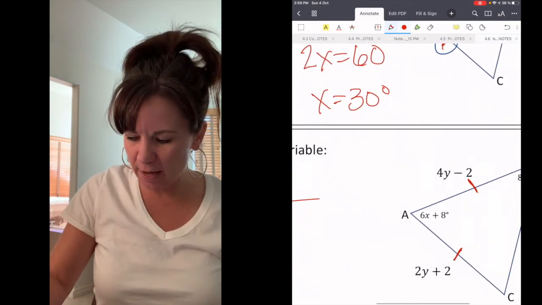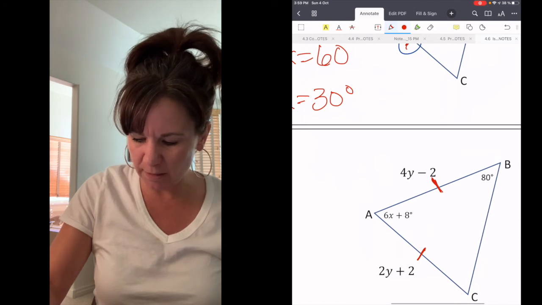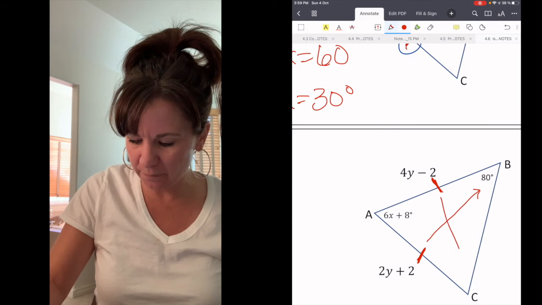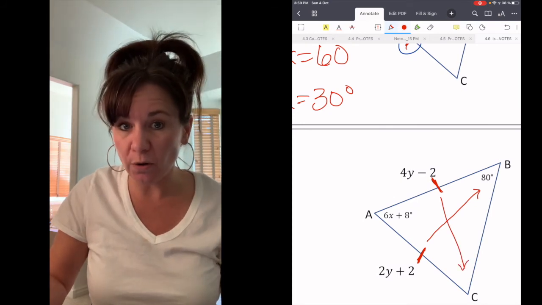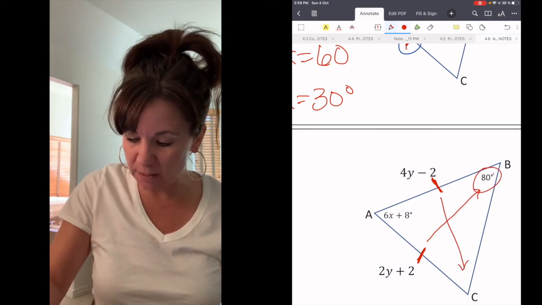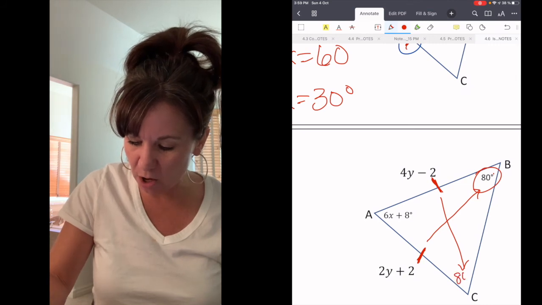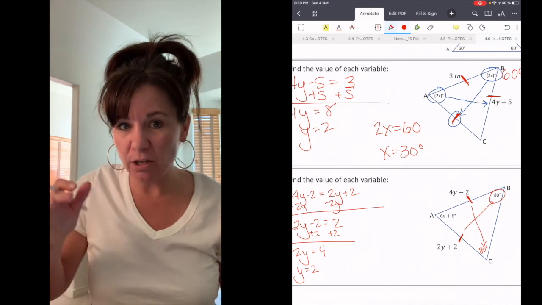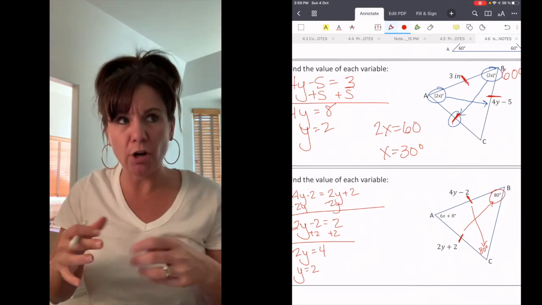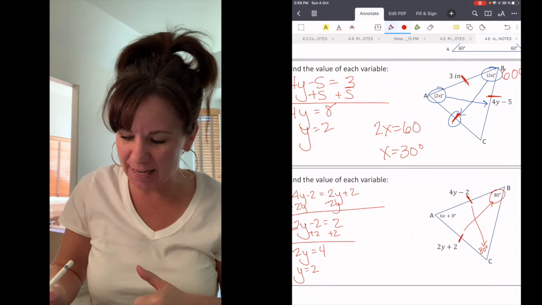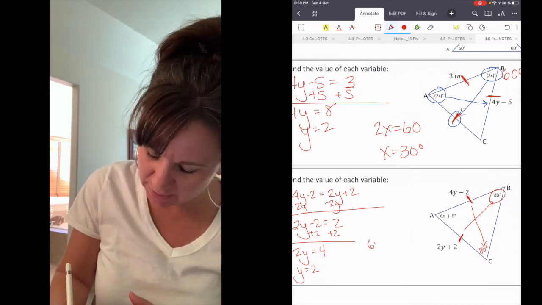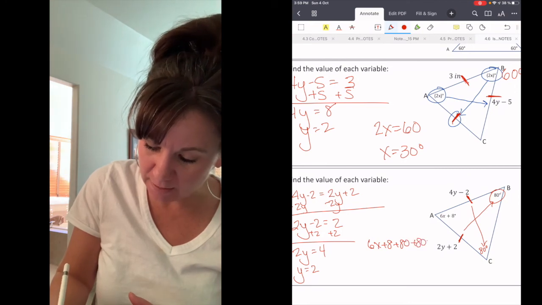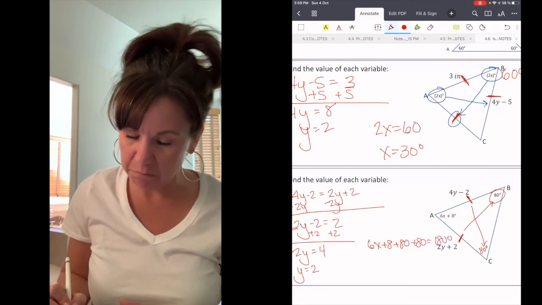Now, if these two segments are congruent, that means that the angles across from them are also congruent, which means that if this one's 80, this one is also 80 degrees. I can use that all the angles in the triangle equal 180. So I know that 6x plus 8 plus 80 plus 80 equals 180 degrees.